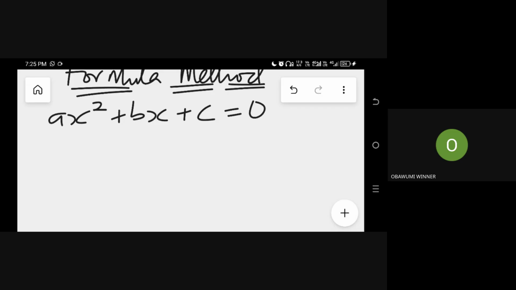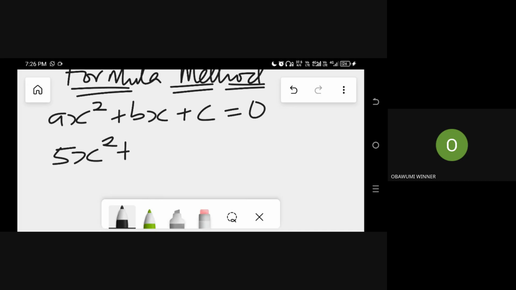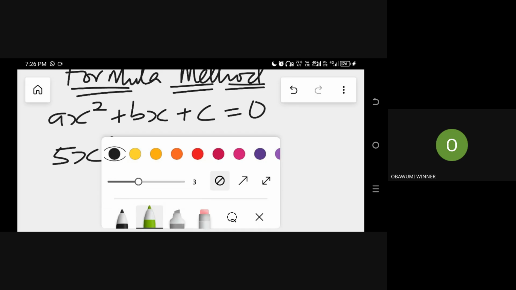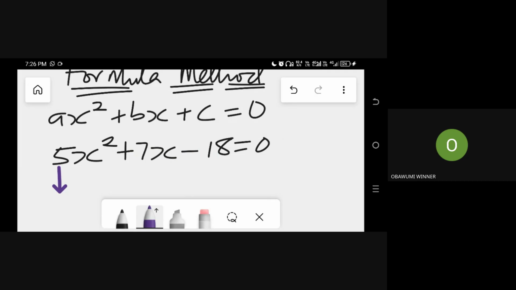So, for instance, maybe you have 5s to the power of 2 plus 7s minus 18 equals 0. In a question like this, to identify a, b, and c: the a is the number you see at the back of s square, because in the general form, it's the number at the back of s square.